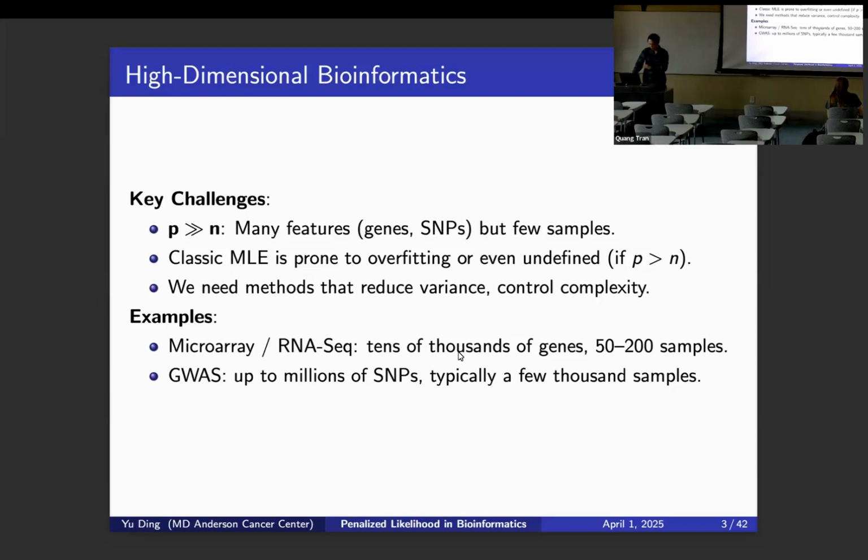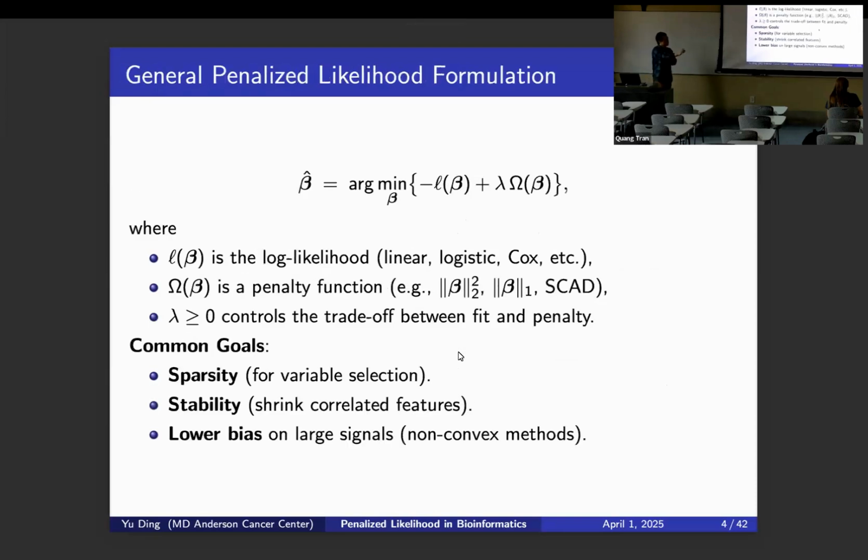So how can we do that? This is a generalized penalized likelihood formulation. The beta hat is the estimated coefficient beta, and it is the minimizer of the objective function given below. The objective function consists of 2 parts.